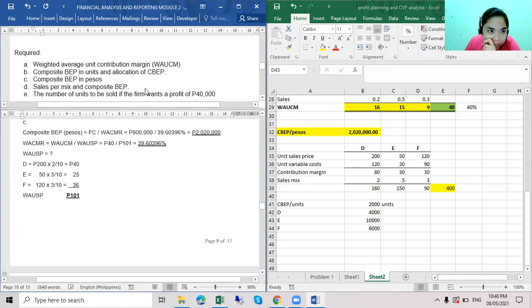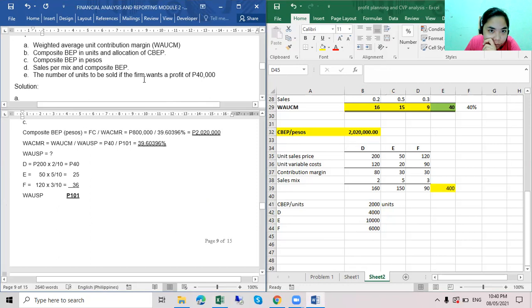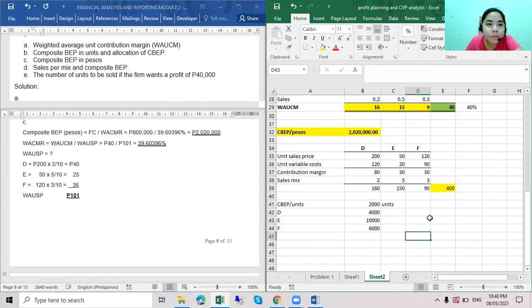Okay, the number of units if the firm wants a profit of 40,000 was not answered.